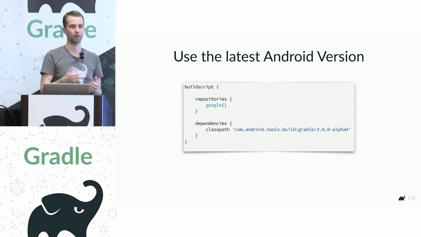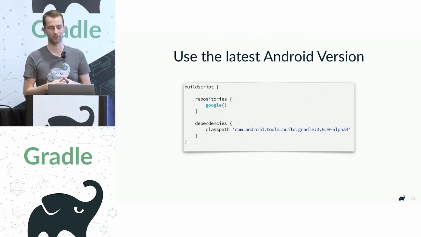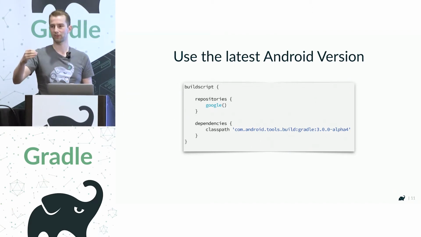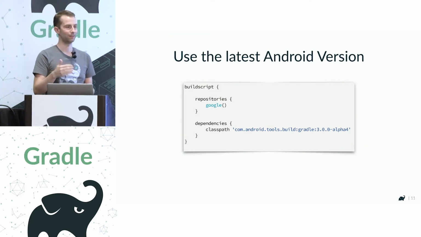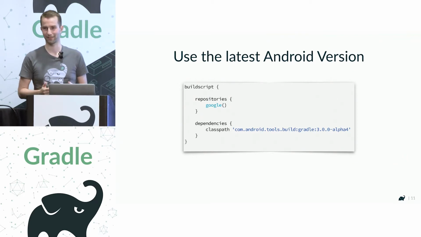So what the Android plugin had to do is discover all the dependencies at configuration time to figure out what it needs to build, which task it needs to run. So it was very expensive at configuration time. And then when you had a dependency on a library, it would just always build the release version by default, which probably was very expensive compared to building the debug version.